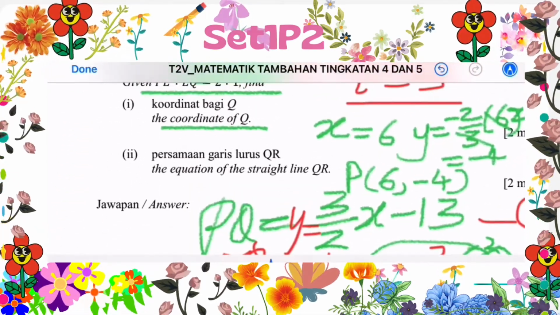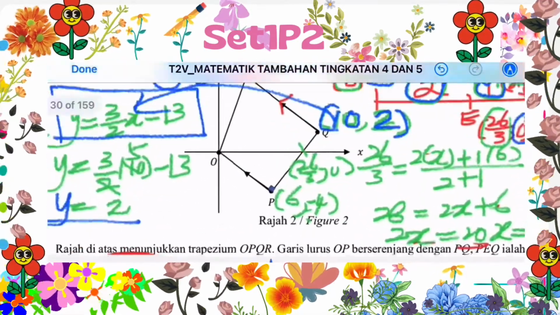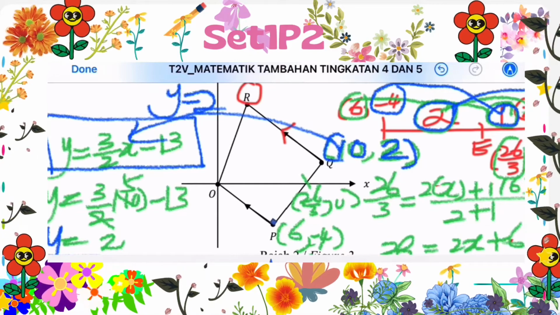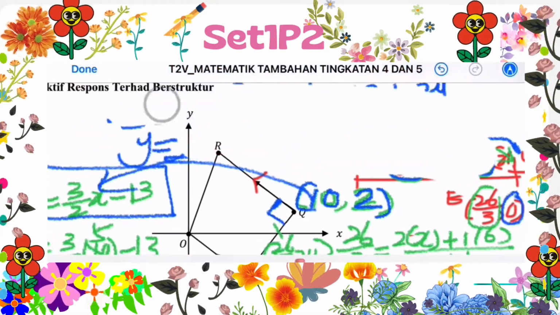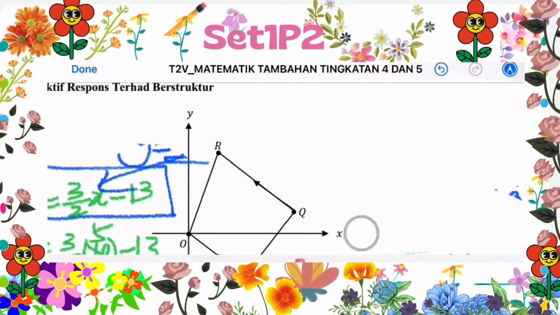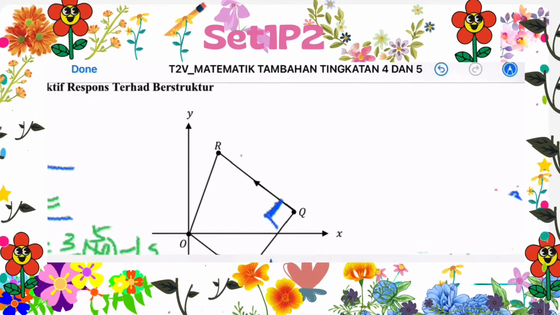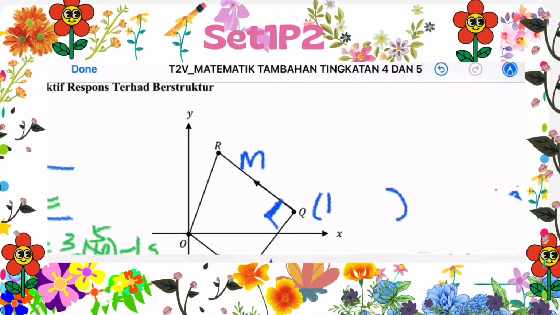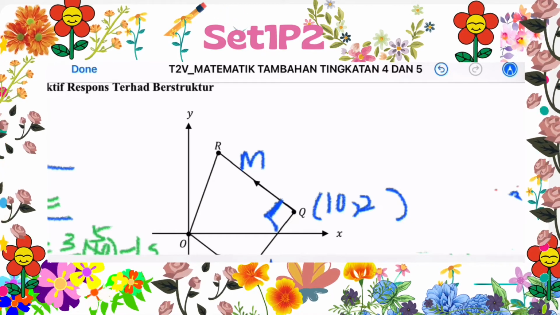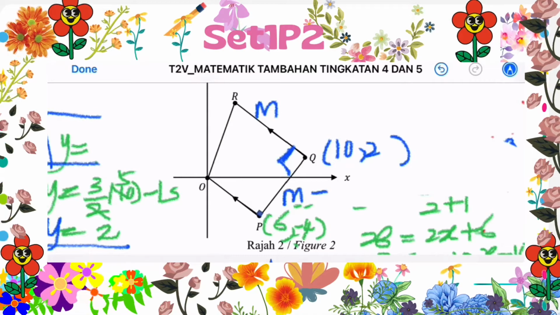Now, what is the equation of straight line QR? Okay, QR, where is the QR? QR is here. This is a perpendicular, right? So let me show how to find the equation which is perpendicular. We have the point Q, which is 10, 2. We need a gradient and the point to form the equation.